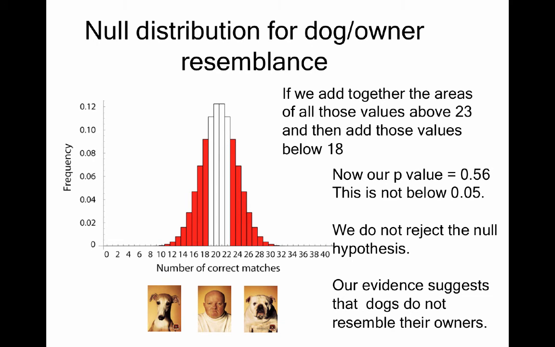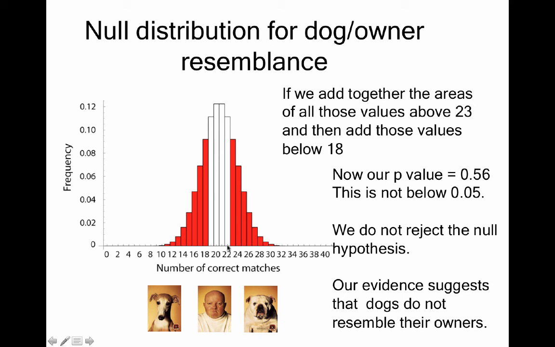So again, we look at the null distribution, the frequency of the results we would have obtained if the data was sampled under the null condition, i.e. there is no resemblance between people and their dog owners. So again, we've got this white distribution, and then we've shaded in the red portions that would account for the frequency of the results that we obtained.